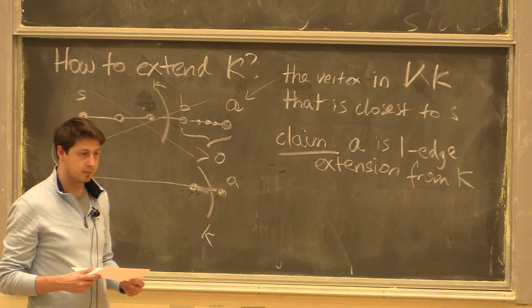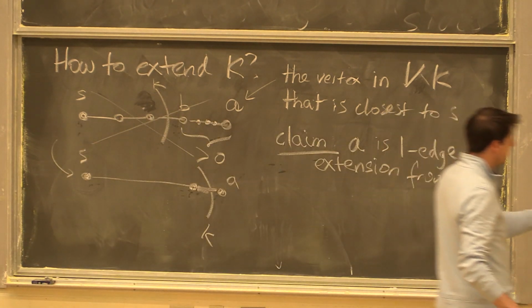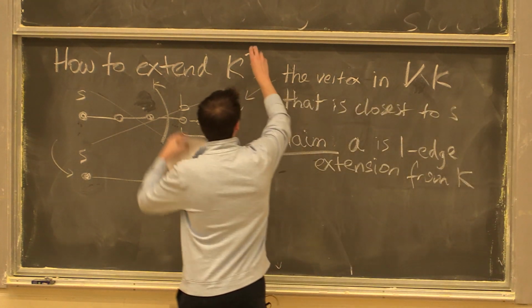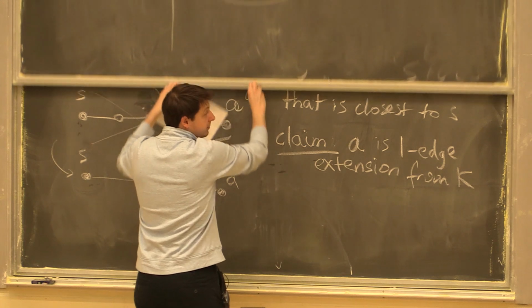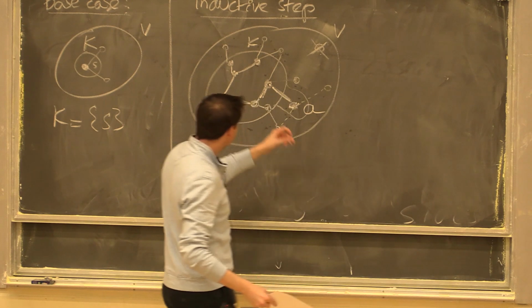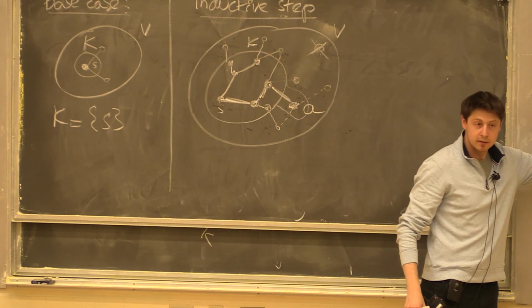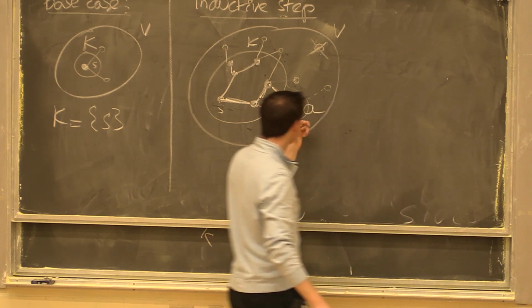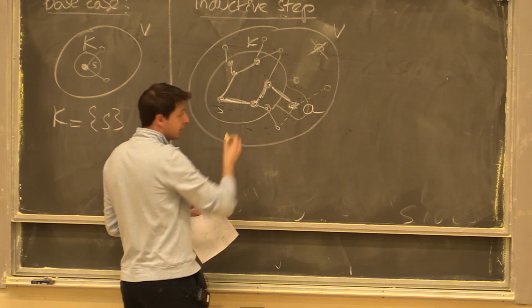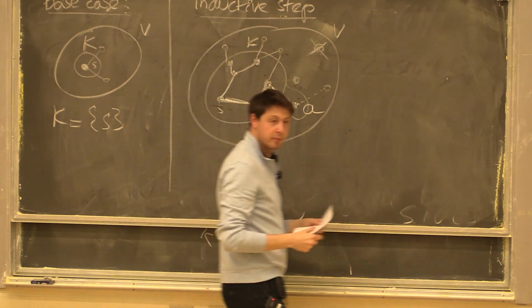W is not quite similar to A. The analogy between here and this picture is that A here is V. We've decided to put A inside K. And having decided that, we have to redraw K. And A gives us new vertices, which we need to account for.